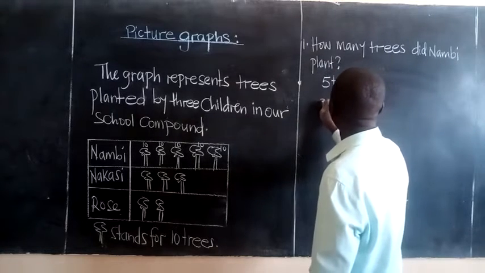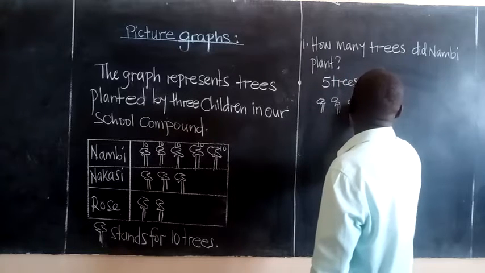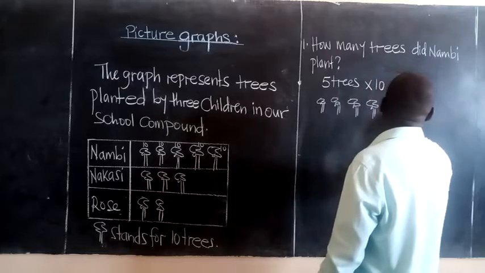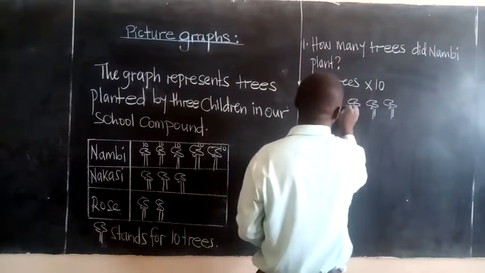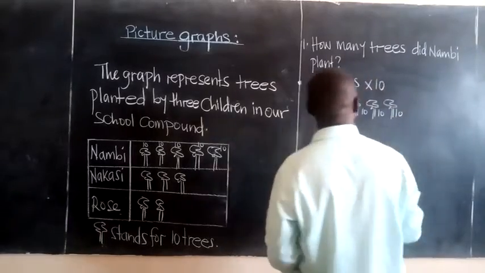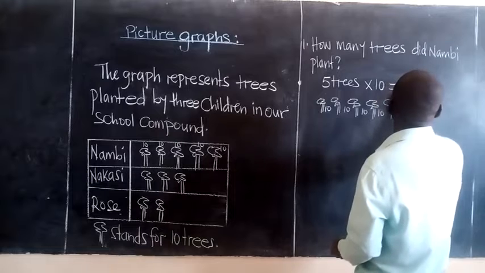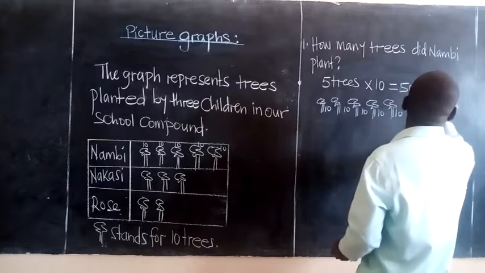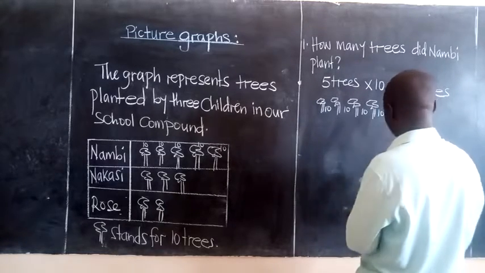Or we may say 10 plus 10 plus 10 plus 10 plus 10, which will give us 50 trees. And still here we shall get 50 trees.